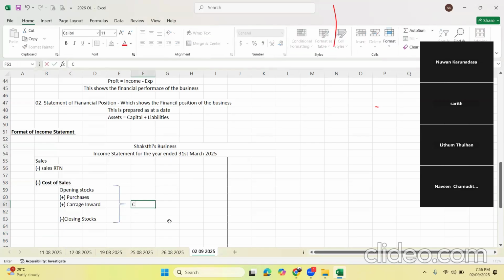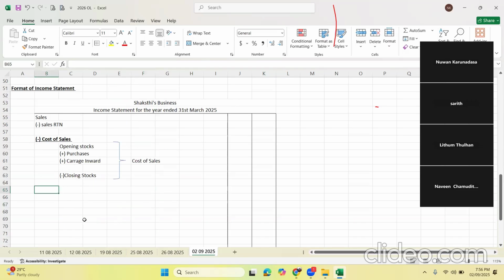This is the cost of sales breakup. Then you get the answer here. Once you deduct this, gross profit. This is one of the answers, right? So gross profit, then plus other income other than the sales. If you have any other income, you record it here.